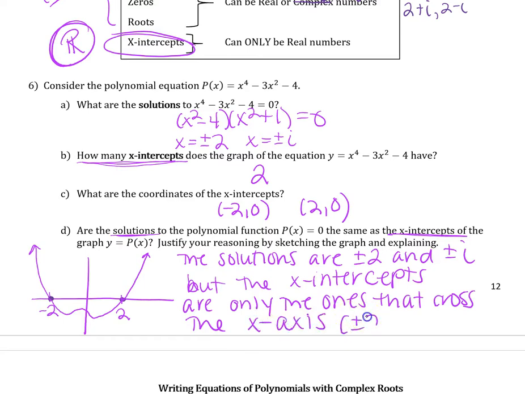So that would be plus or minus 2. So to put it another way, all x-intercepts are solutions, but not all solutions are x-intercepts.